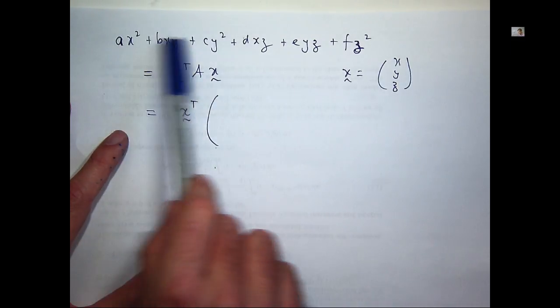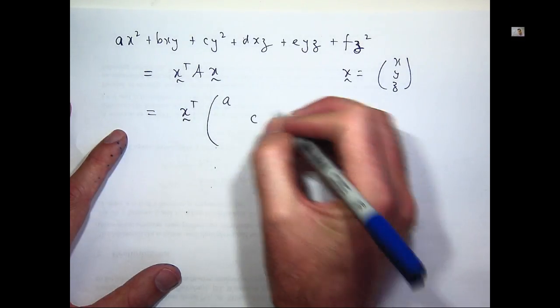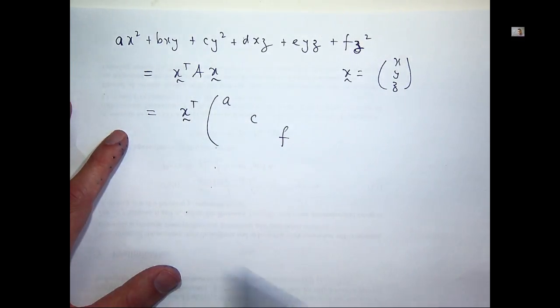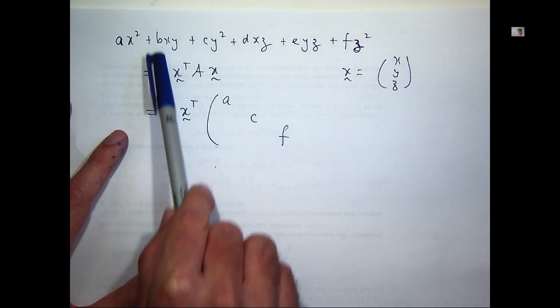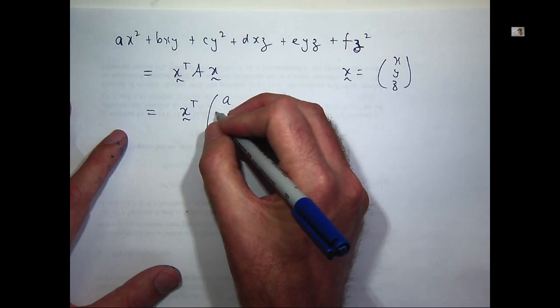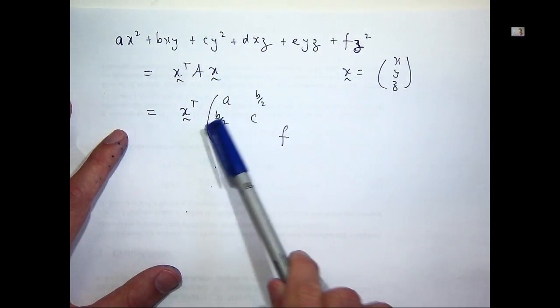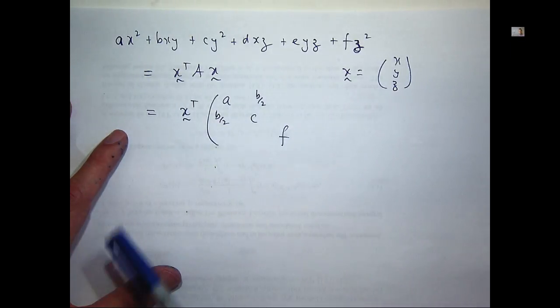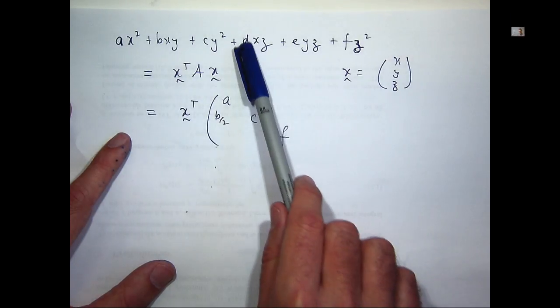You look at the squared terms and you write the coefficients down the diagonal. Let's go to the xy. Here I've got b times xy, so I take half of that and write it here. Let's move on to the xz.